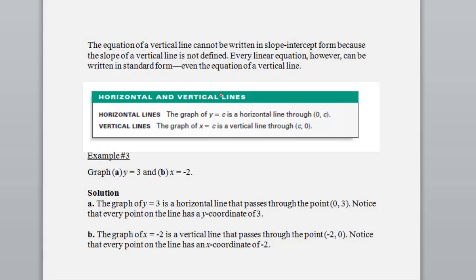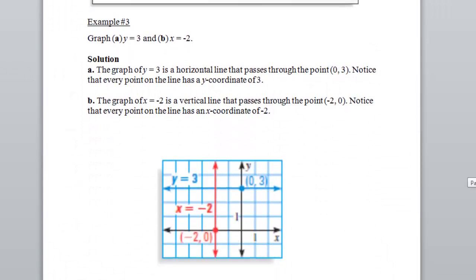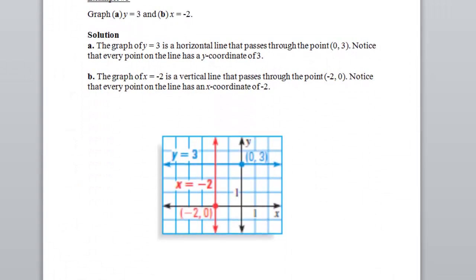So let me show you through this example down here of why that works. If we look at part A, y equals to 3. Okay, and you can see y equals to 3 clearly right through here. Now, what's so important about this is that every value, if I were to plot points on y equals to 3, and I'm just going to randomly put a bunch of points on there, this is going to be -1, 3.